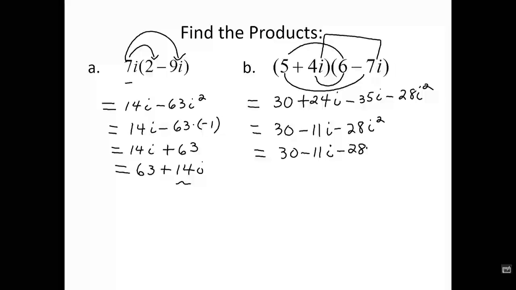But we remember that i squared is a negative 1. So we have 30 minus 11i plus 28. Combining like terms, 30 plus 28 is 58. So we have 58 minus 11i. So the product expressed in the standard form of a complex number is 58 minus 11i.